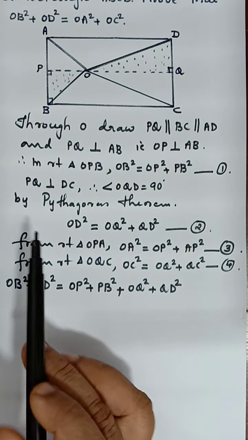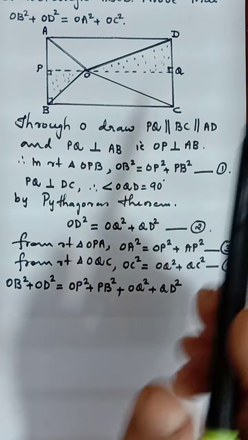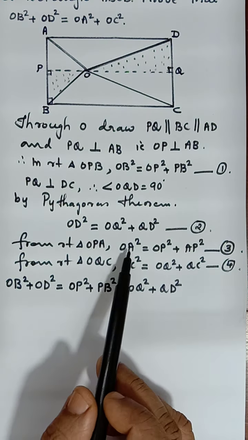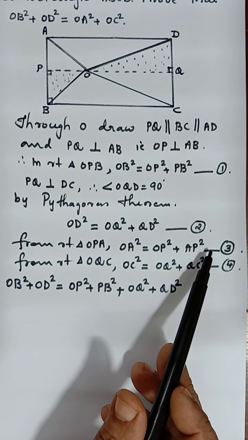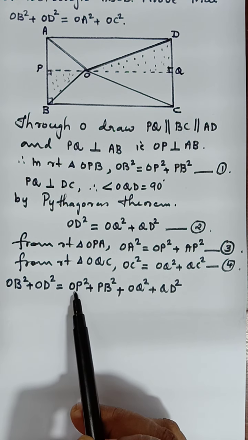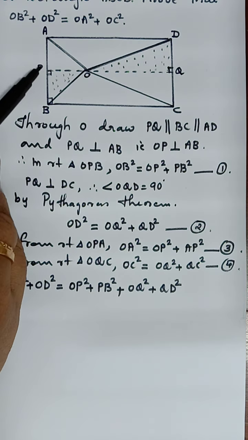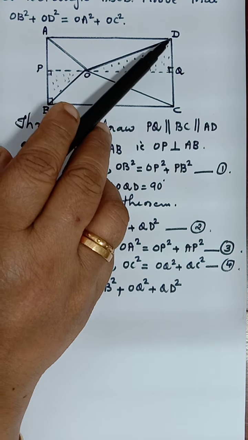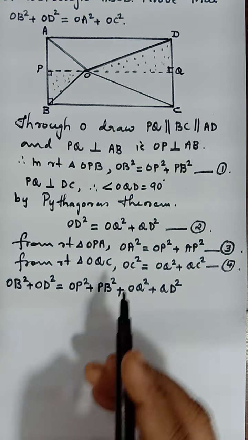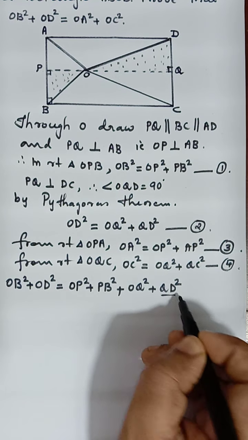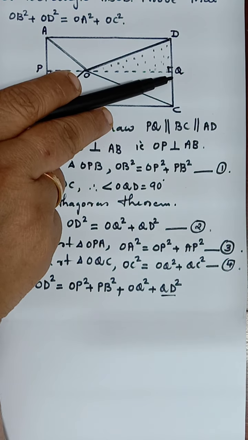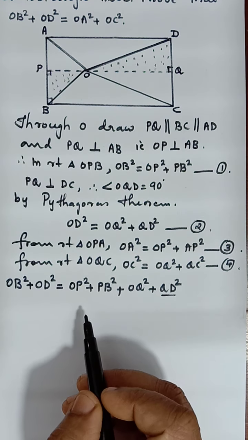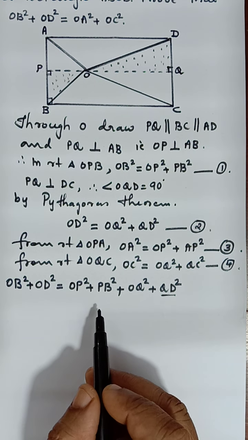And the right hand side we have to get as OA square plus OC square. What is this OA square? It is a combination of OP square and AP square. Look at what AP is. Is this AP equal to DQ? As it is a rectangle, AP is equal to DQ.